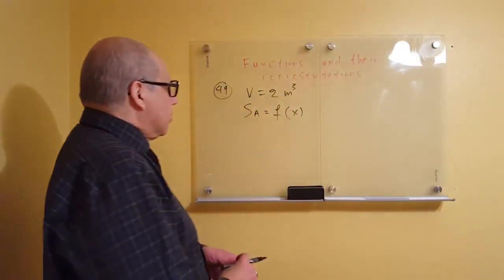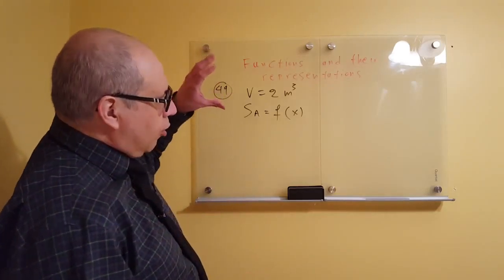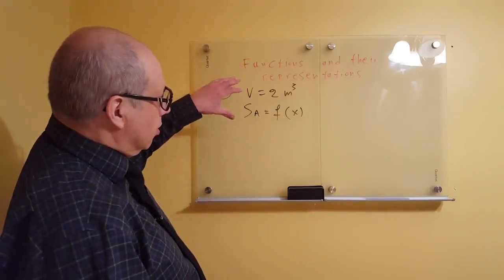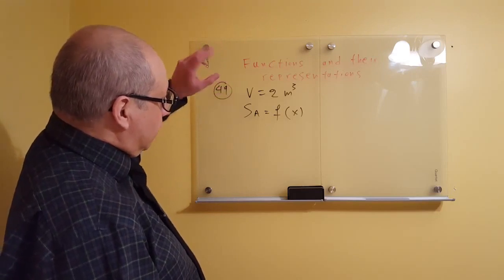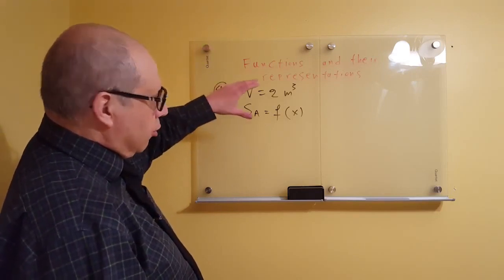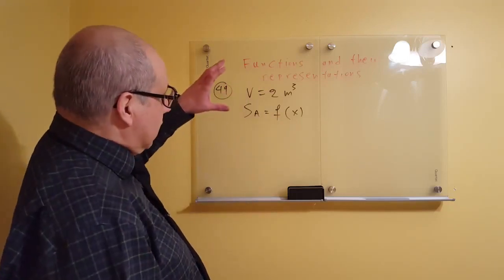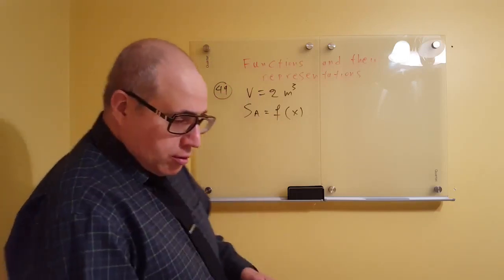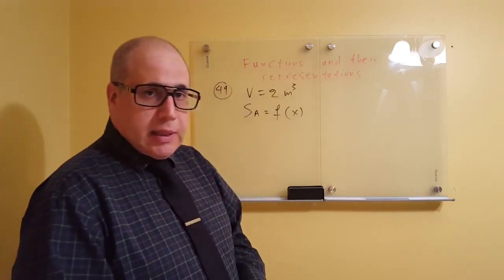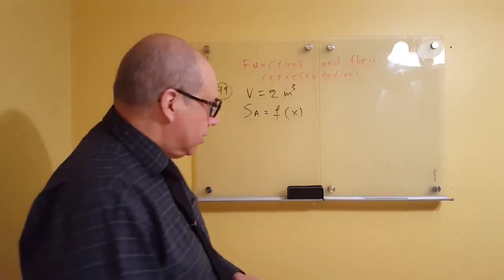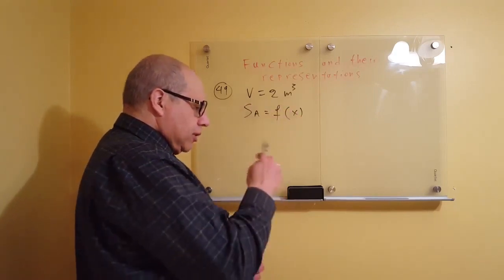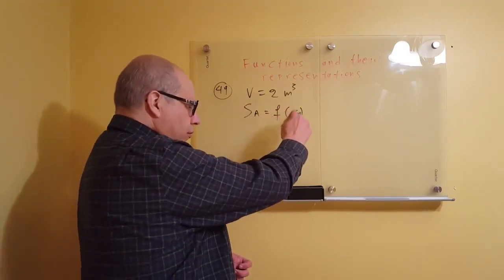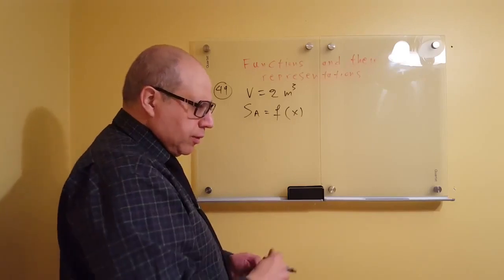Okay, let me repeat. So we have an open rectangular box, and the volume of the box is 2 cubic meters, and the base of it is a square. We have to express the surface area of this box as a function of the side of the base.